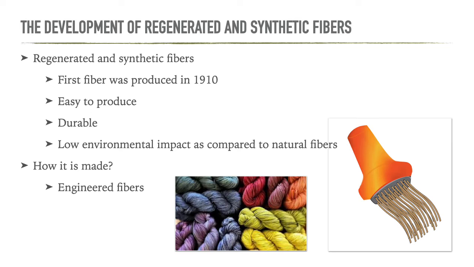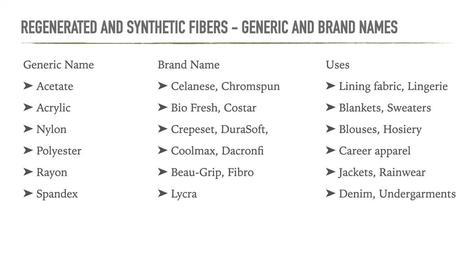Regenerated and synthetic fibers. The first fiber was produced in 1910. Regenerated and synthetic fibers are durable and have a low environmental impact as compared to natural fibers. Regenerated and synthetic fibers, generic and brand names.